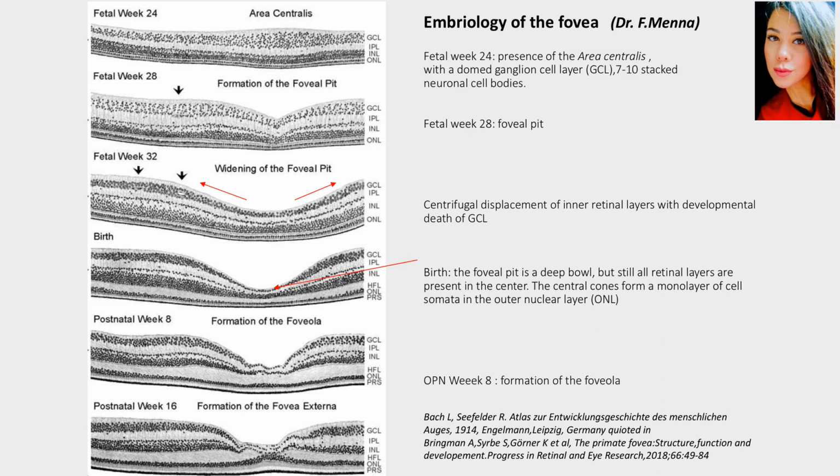The foveola is formed after birth and the fovea externa after the 8th postnatal week. The foveola is formed by cone and Muller cells and is composed of 4 layers which lie in front of the fovea externa: the inner layer, the Henle fiber layer, the outer nuclear layer, and the layer of the outer cone cell processes.